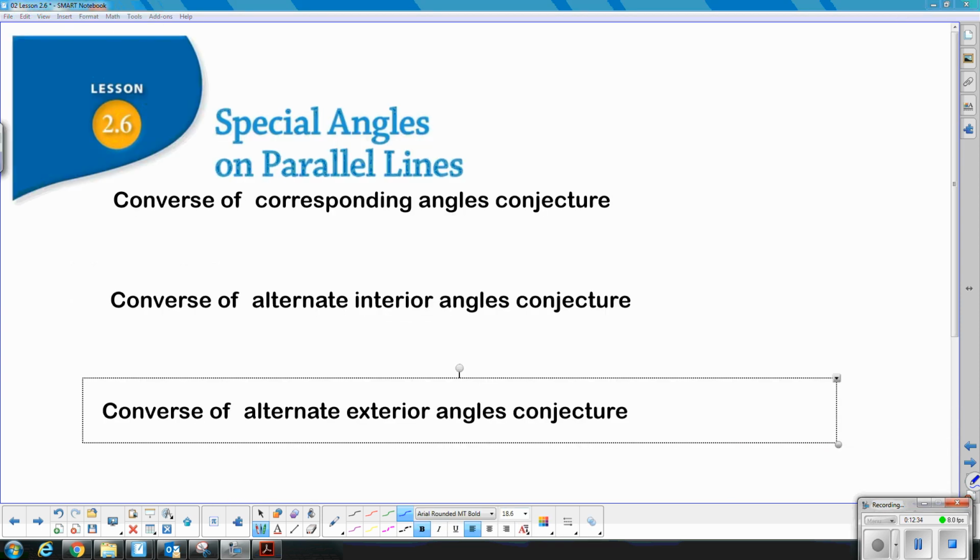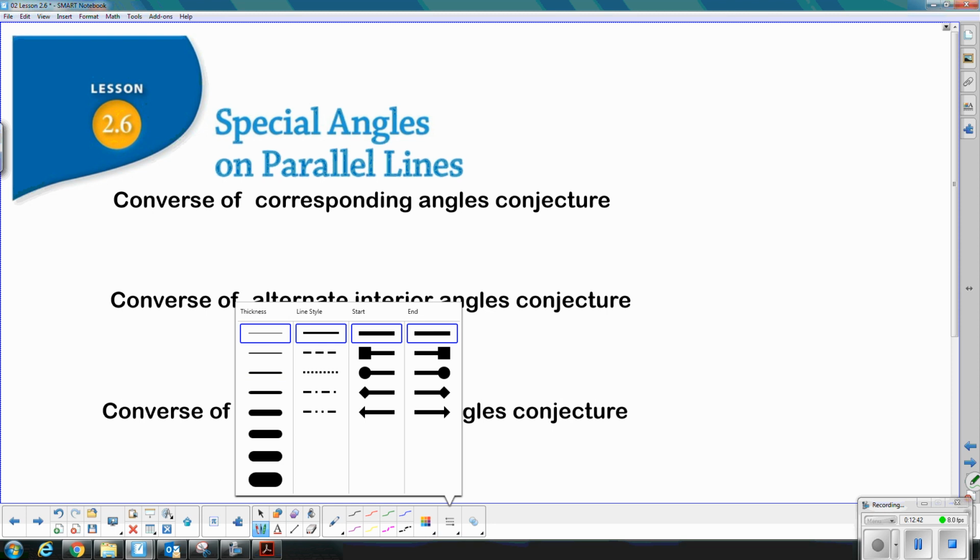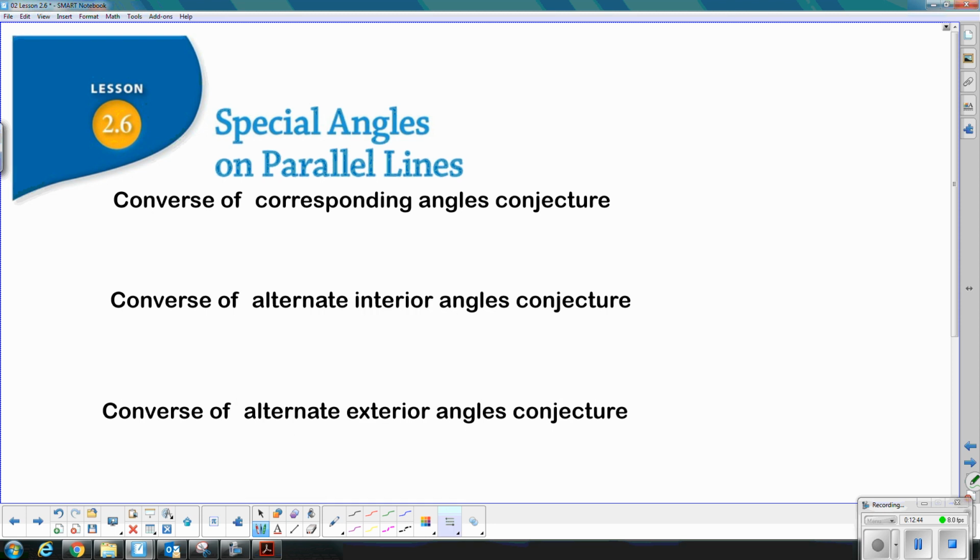So now let's look at the converse statements, the converse of our conjecture. Our conjecture says if A then B. The converse would say if B then A. So the conjecture for corresponding angles says that if two parallel lines are cut by a transversal, then corresponding angles are congruent.